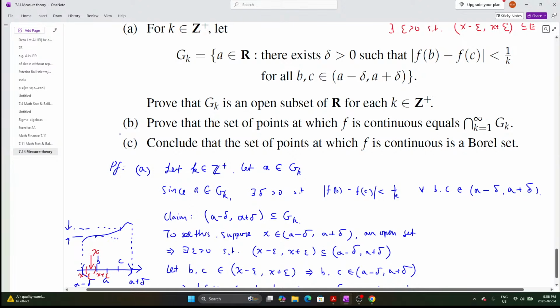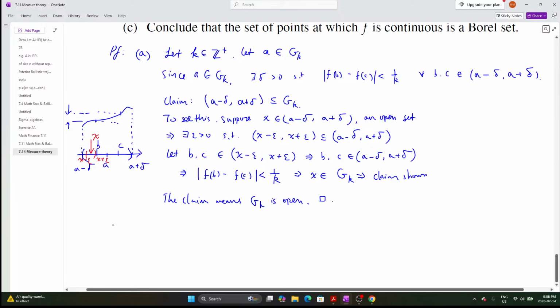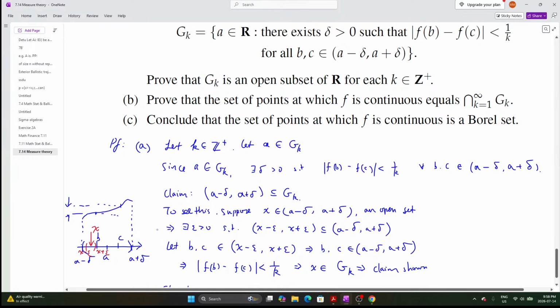All right. Part B: prove that the set of points at which f is continuous equals the intersection of the G_k. Okay. Well, how do we go about showing that?